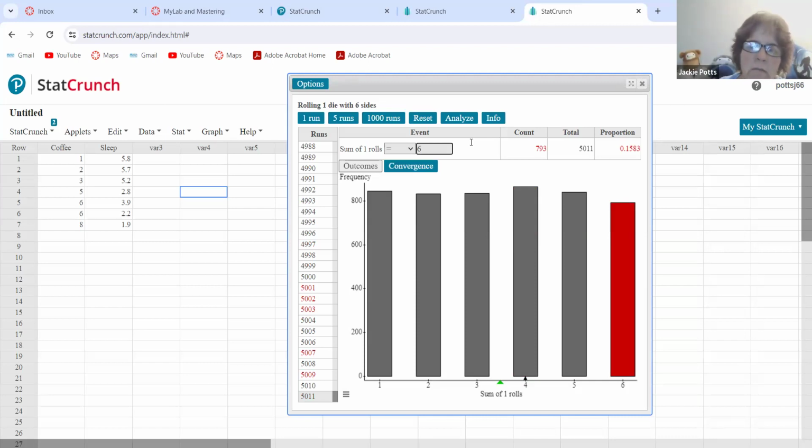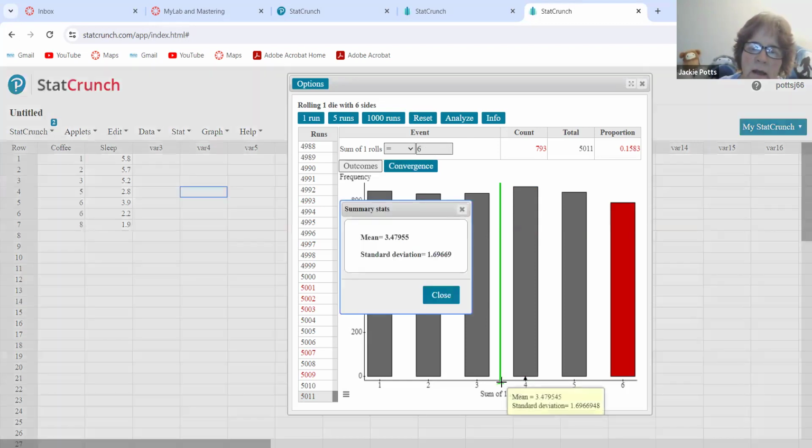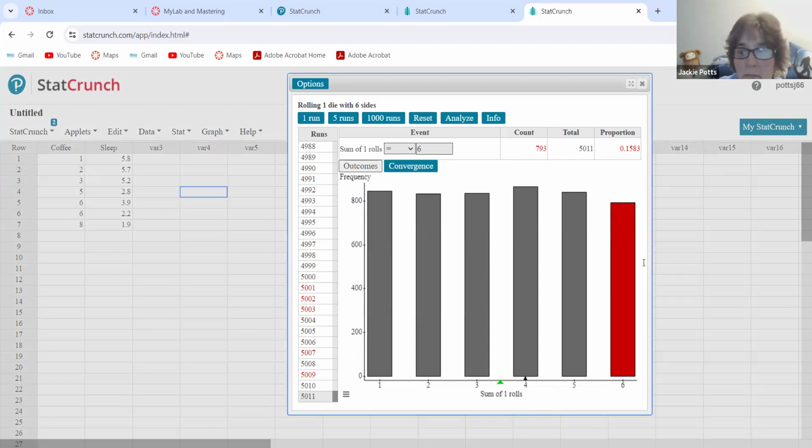But you're seeing that it's telling me the mean for all my rolls with a standard deviation. But look at that. This is the display of law of large numbers. The larger the sample, the closer we get to the true probability.